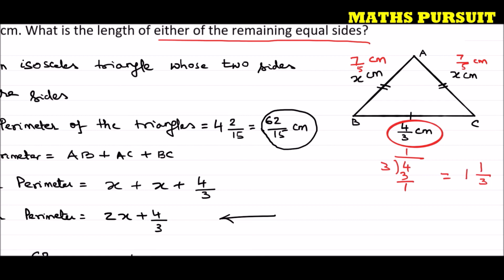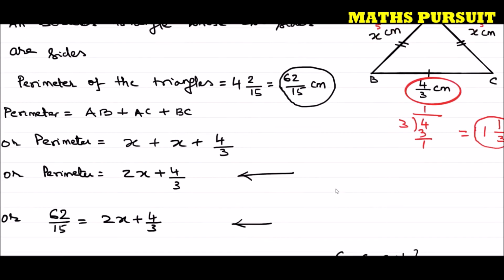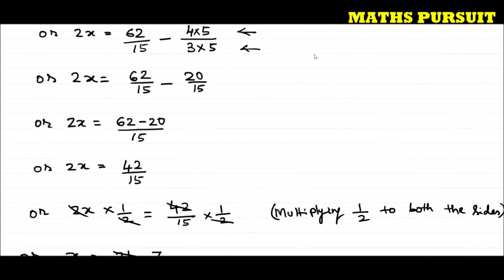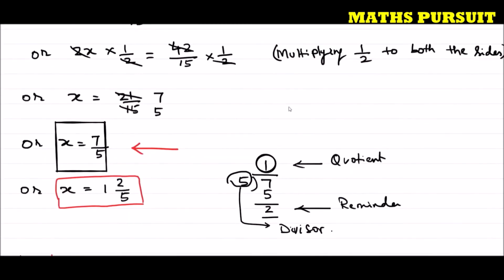That means 3 ones are 3 and this 1 plus 1 is 4 upon 3. But the question has not given us this side as a mixed fraction. So I believe we can go with 7 upon 5 instead of x is equal to 1 2 upon 5.